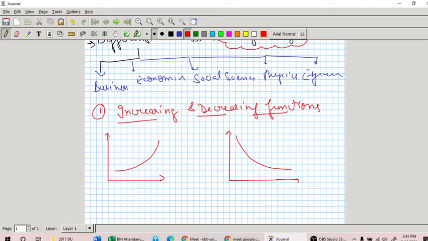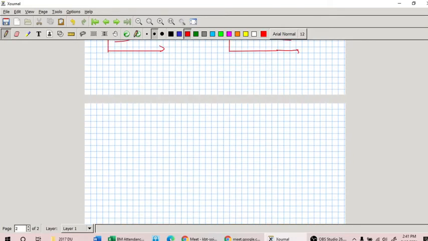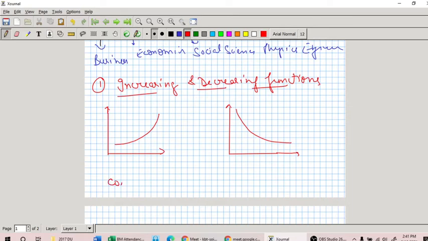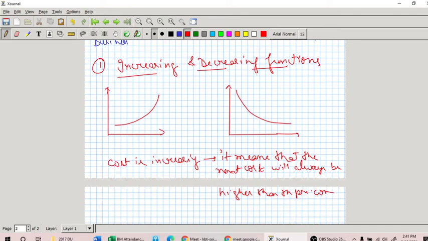Now when you say one particular thing is increasing, if I say that this cost is increasing, it means that the next cost will always be higher than the previous cost, and it means the change in the cost will be a positive one.